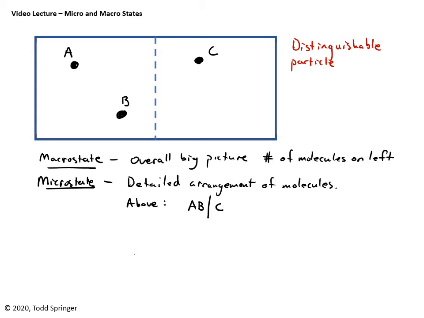But there's other microstates which could lead to that same macrostate. So for example, this microstate also leads to the same macrostate.